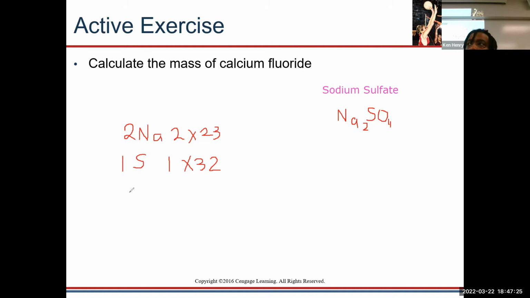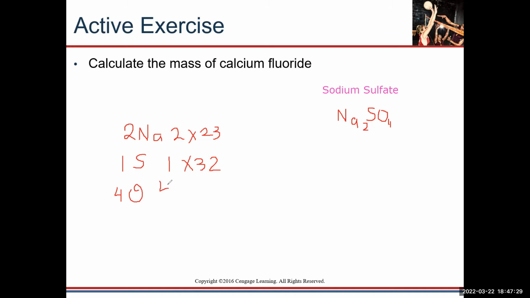Okay, and oxygen, we have how many? 4. And oxygen weighs 16. It'd be 142 grams per mole.